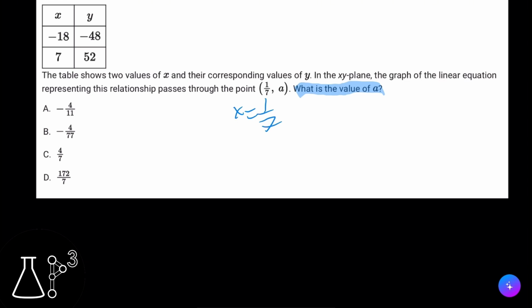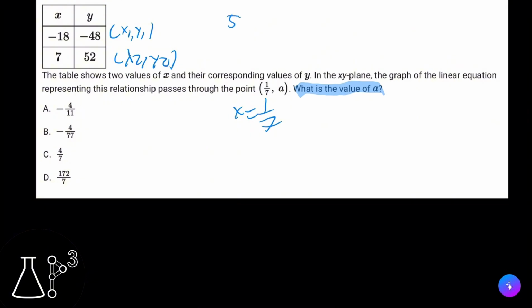Remember, we look for the x2 and x1 values, and then figure out y2 and y1. So x2 is always the bigger x value, and 7 is greater than negative 7. So this one would be my x2 and y2 values, and the one on top would be my x1 and y1 values. So let's plug it into the slope formula.